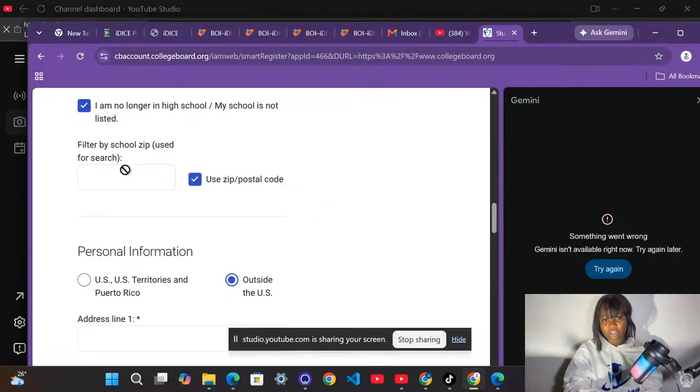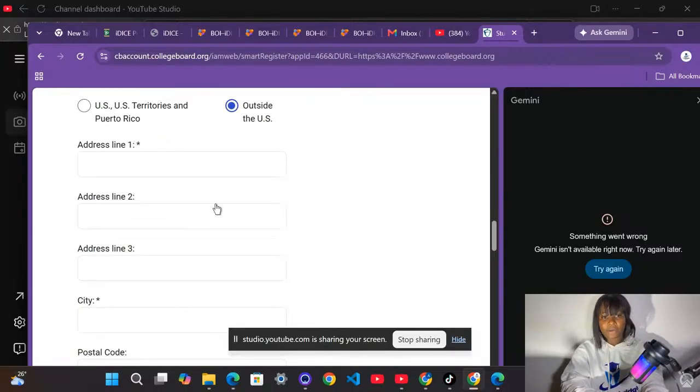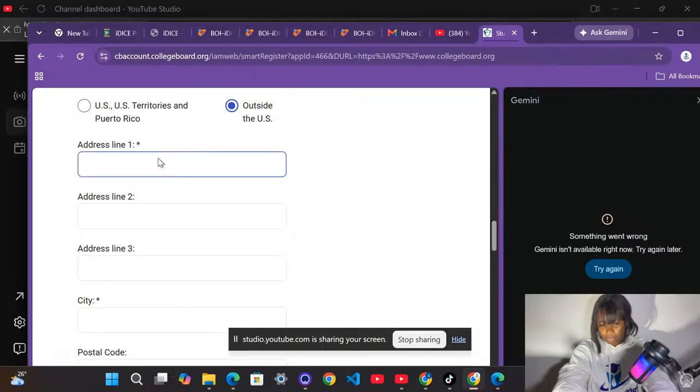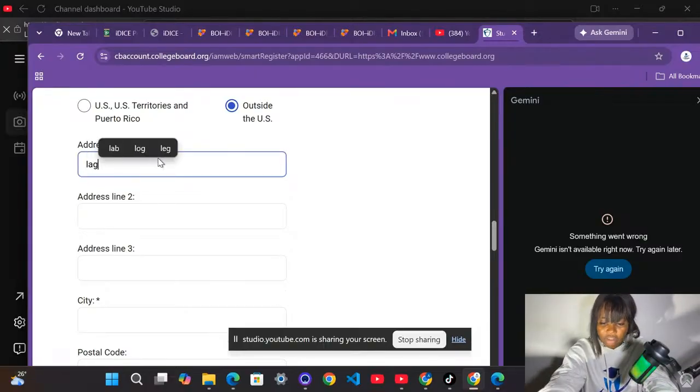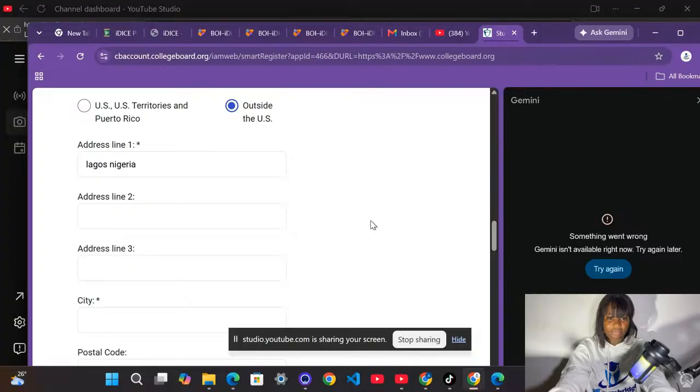Then you're going to have to filter your school by zip code. But since I'm filling my form from outside of the United States, I'm just going to click outside the US, and then I'm going to put in my address. I'm just going to use any random address, Lagos, Nigeria. I'm not going to put in my real address here.